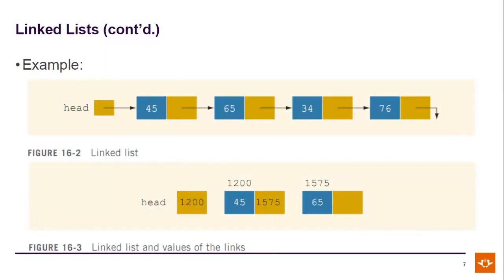The head of a linked list will usually have an address to the first element of that list, right? And the head doesn't store any data. As you can see, the head just stores a memory address. So the head is just a pointer. A head is a pointer. It's not a node.